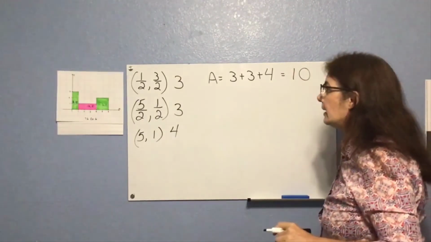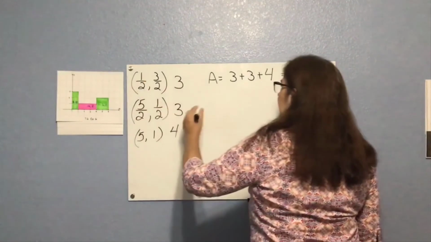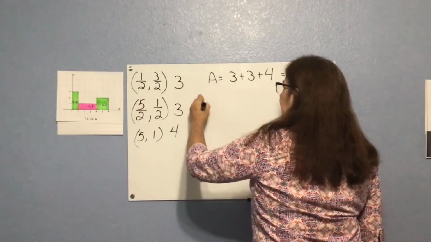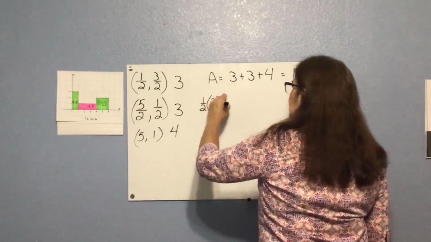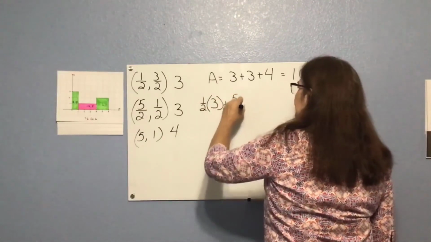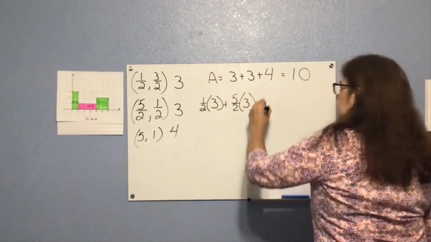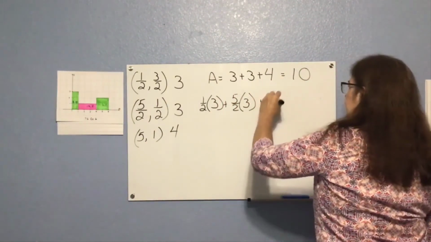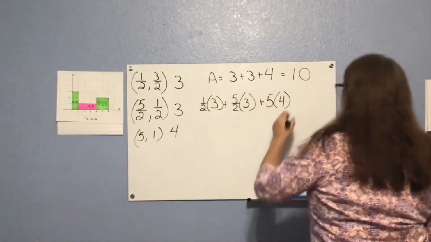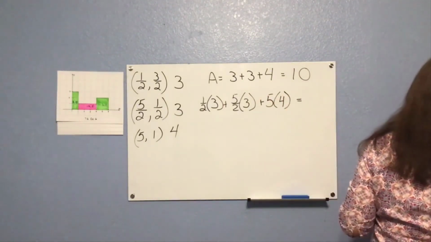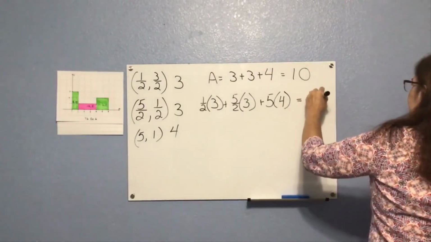Okay? If I multiply the x coordinates by the weight, I get 1/2 times 3 plus 5/2 times 3 plus 5 times 4. And this gives me a total of 29.